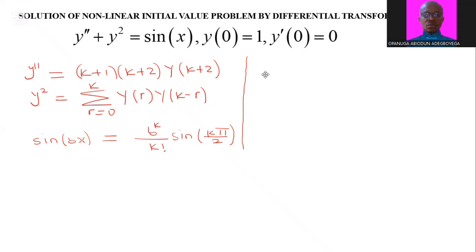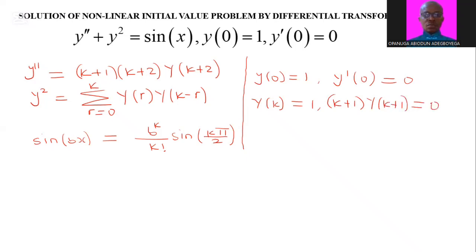Then for the initial conditions, we have y of 0 equal to 1, y prime of 0 equal to 0. So this one is transformed as Y(k) equal to 1, and this is transformed as (k+1)Y(k+1) equals 0.